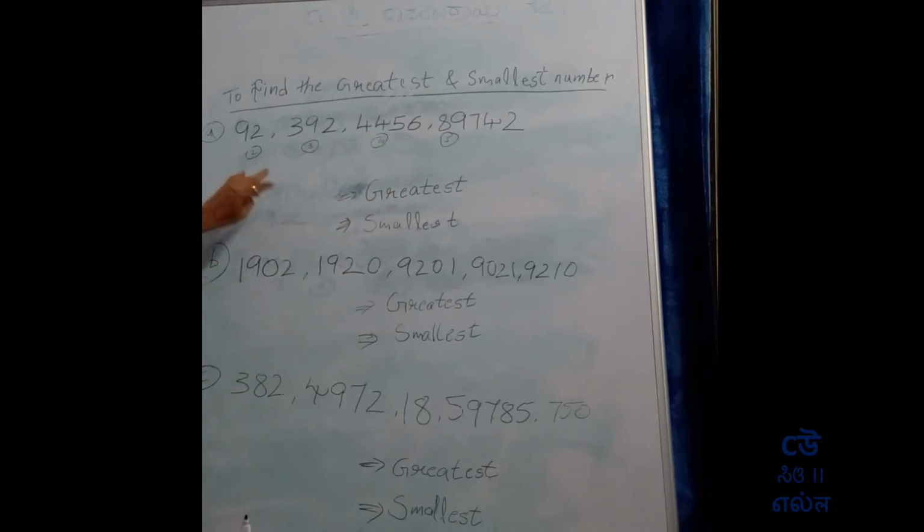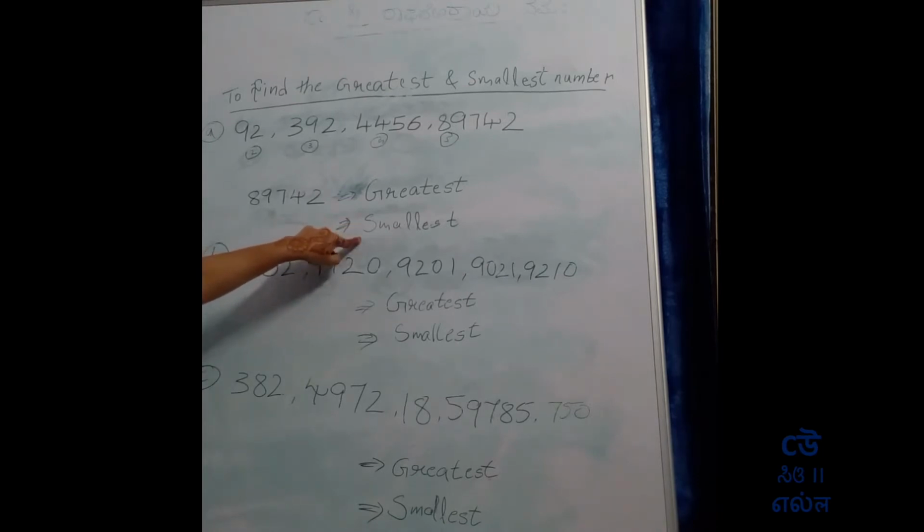So in these 4 numbers, which is the greatest number of digits? 2, 3, 4 or 5? 5. So that will be considered the greatest number. So the 5-digit number is 89,742.